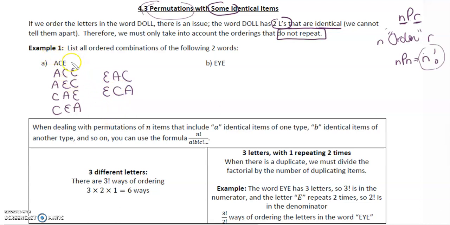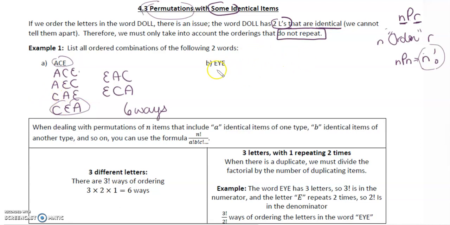So we have the word ACE, which is 3 letters, all of them are unique, and we have 6 different ways that we can order them. When a question asks how many words can you spell, it doesn't mean actual words that make sense, like CEA. We're going to consider that a word for the scope of this course where it's a unique spelling.